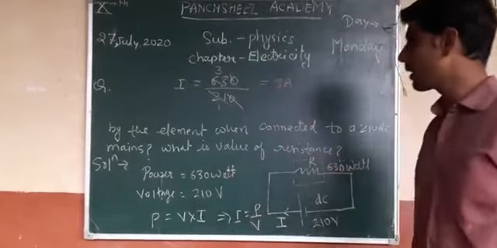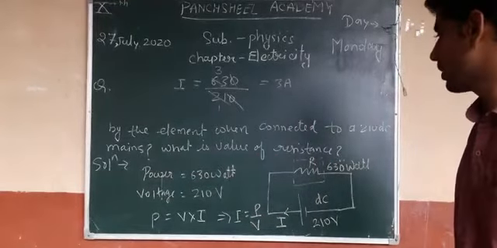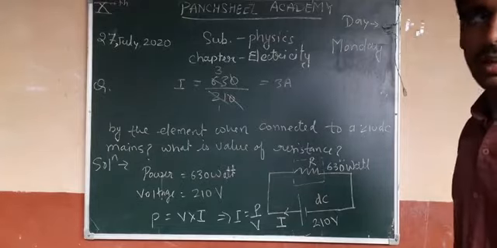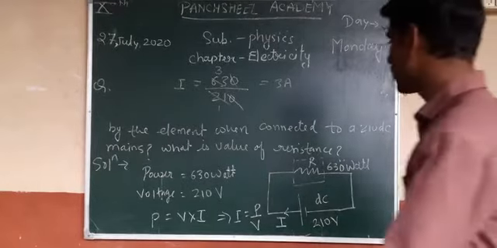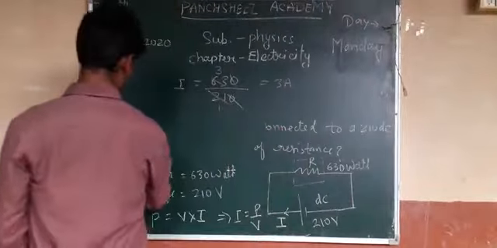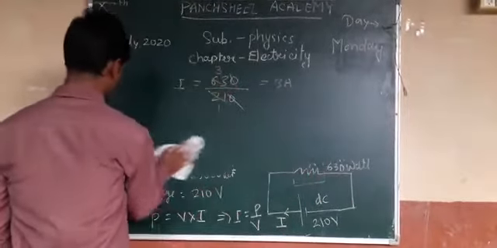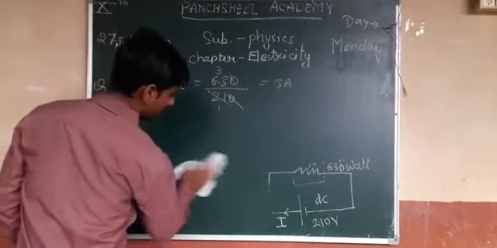What is the value of electric current? It is 3 ampere. And what is the resistance? How to calculate the resistance? We have another formula for the calculation of resistance in terms of electric power.